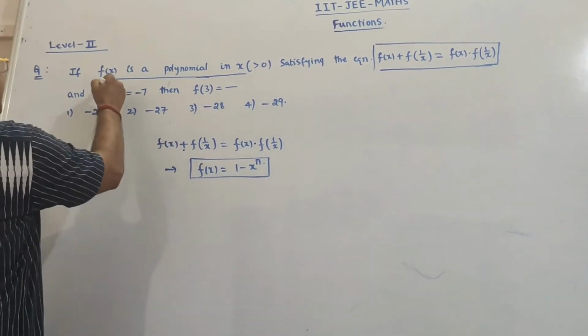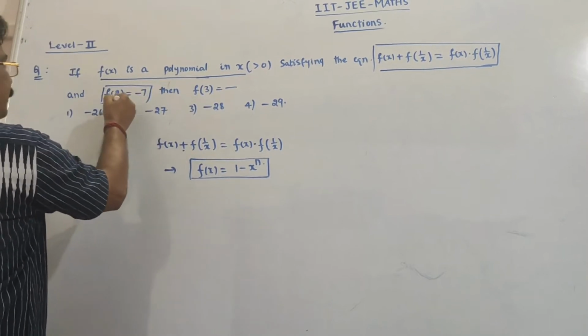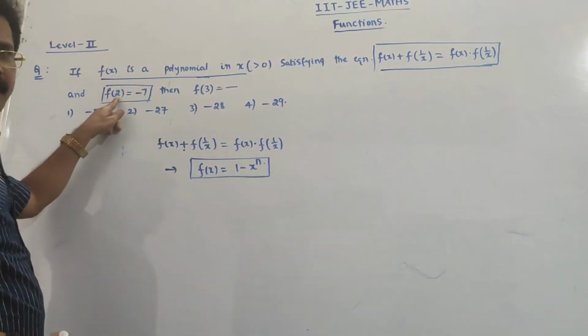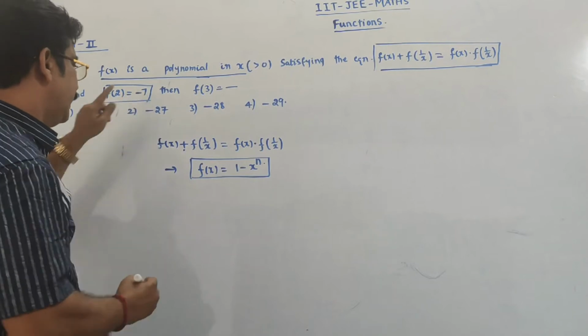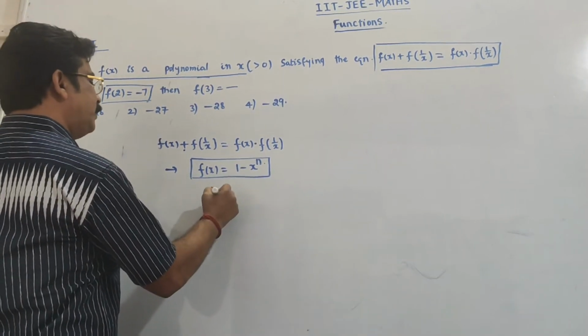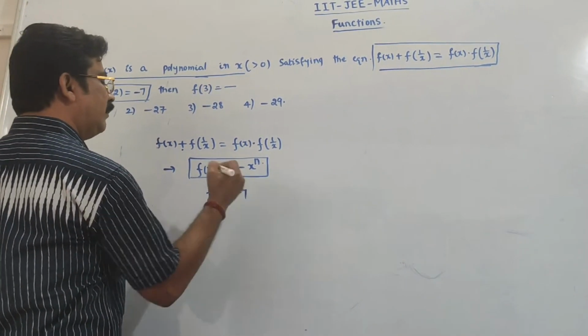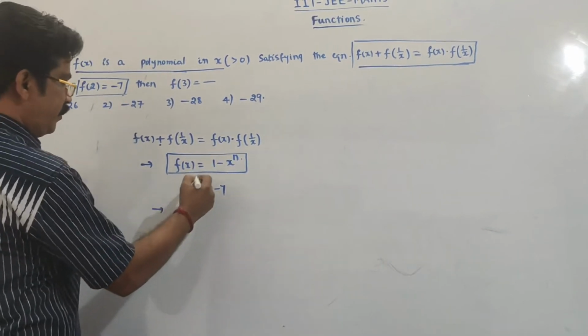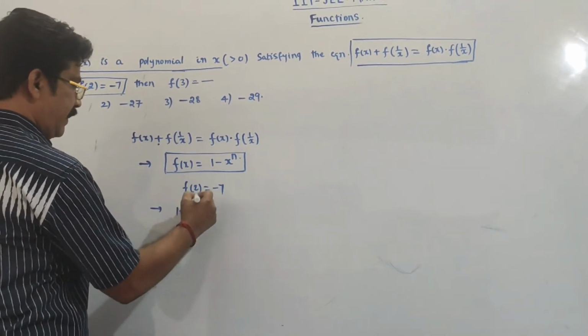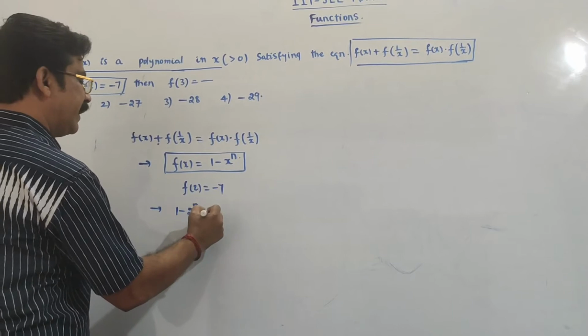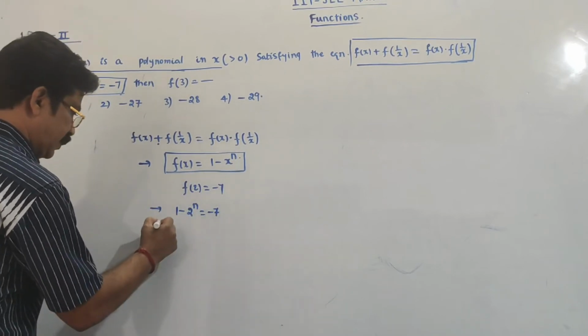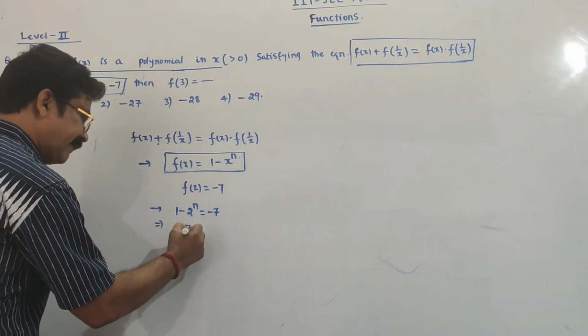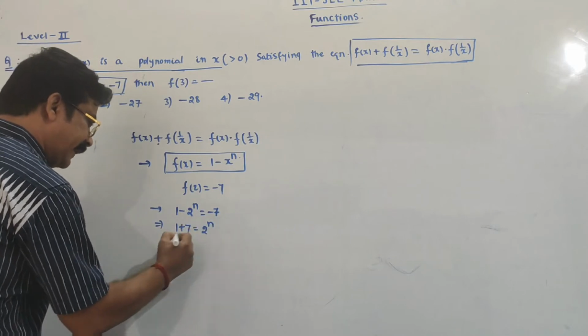One condition is given. f of 2, the functional value at x equal to 2, is minus 7. So f of 2 means 1 minus 2 to the power of n equal to minus 7. That implies 1 plus 7 is equal to 2 power n.